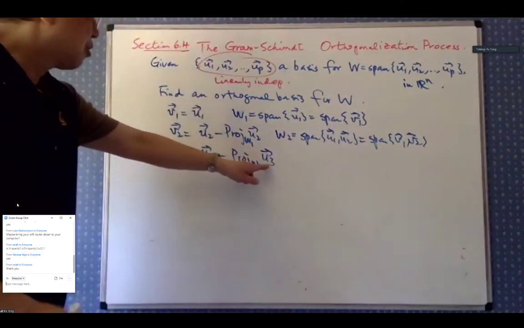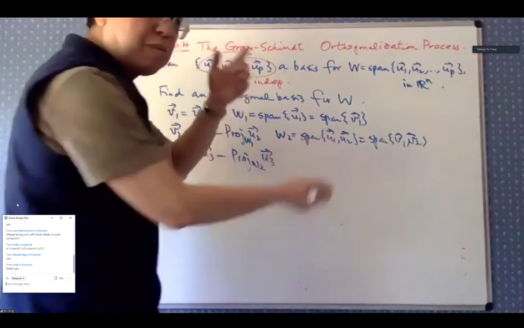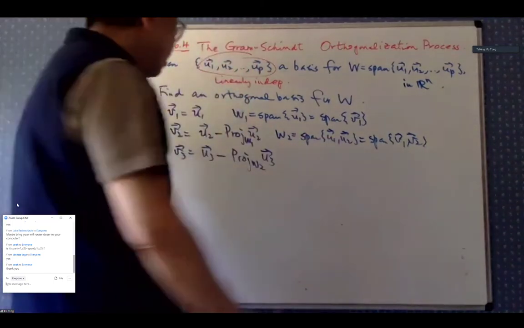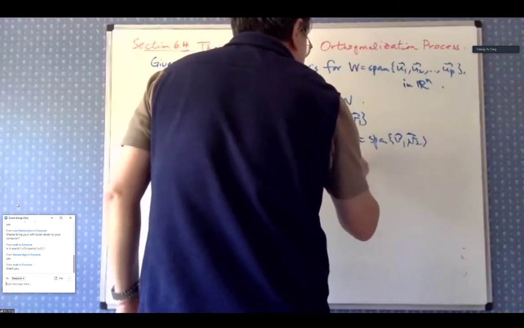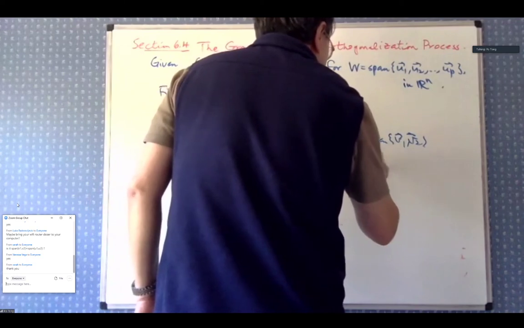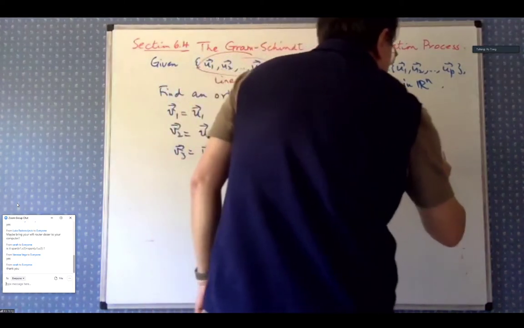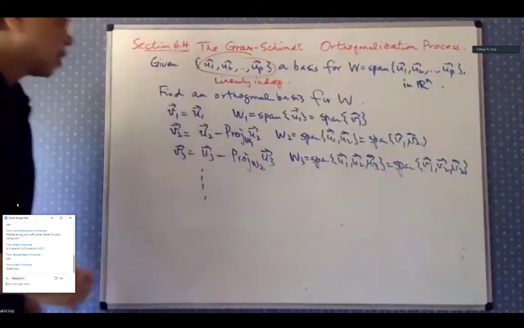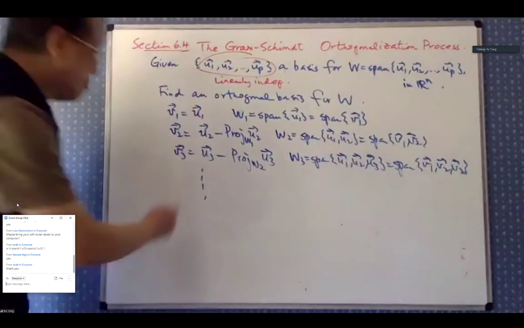Take the difference, then you get the one perpendicular to it. So W3 now is the span of U1, U2, U3, which is the same as the span of V1, V2, V3. And then you keep doing this until the end. Until the end, you will basically have P vectors.